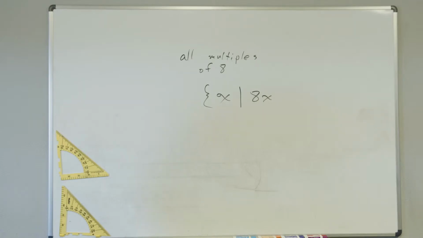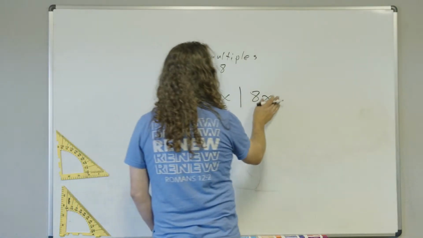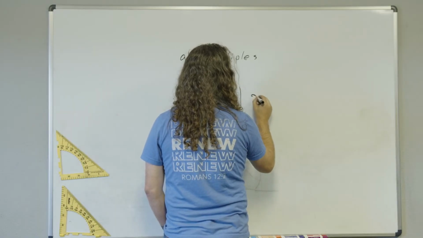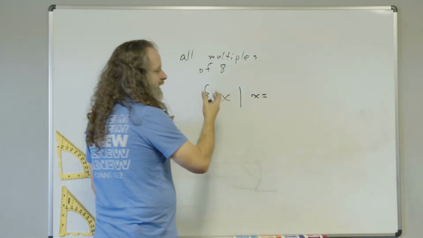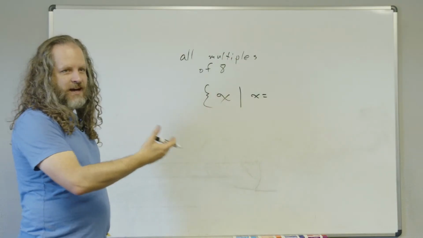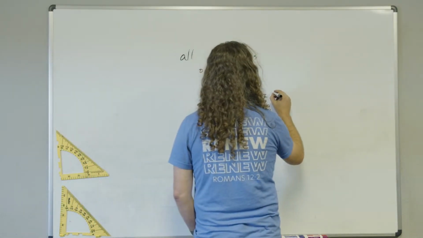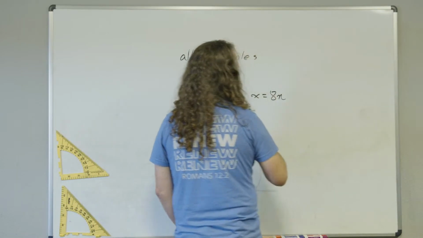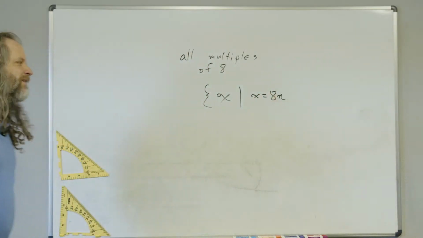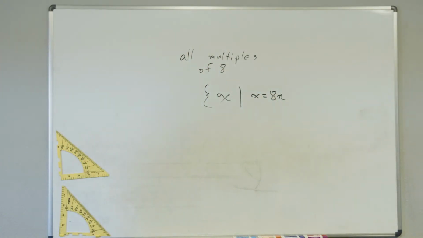I just wrote 8x up there, and then we all just kind of moved on with our life. It's like x times 8 to some other variable. Well, no, it's x equals, right? Oh, yeah. So x is 8 times n, right? Or whatever. You could use r for Reese if you wanted. It doesn't really matter.